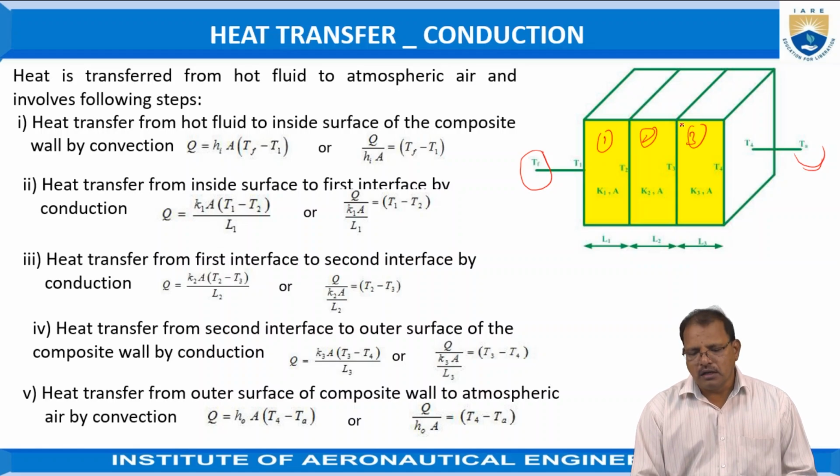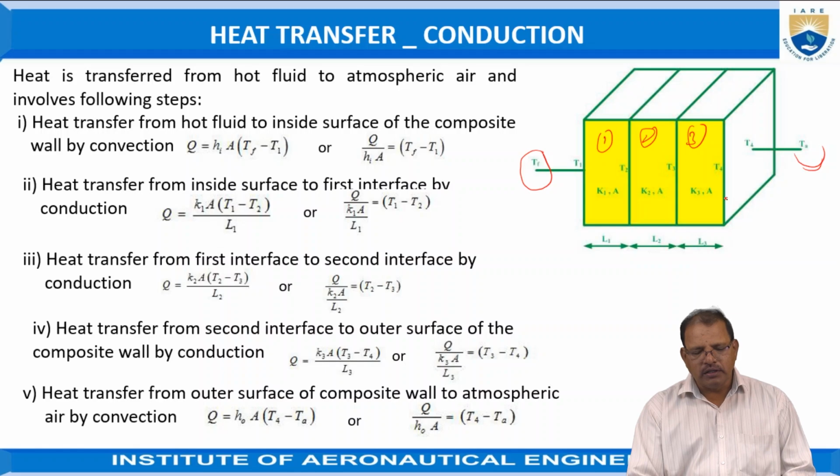According to our previous discussion, the heat energy flows from the hot fluid to the inner surface of the first block by convection. After that, the heat energy flows from block 1 to 2, and 2 to 3 by conduction. After that, from 3 to the atmospheric air, by convection.